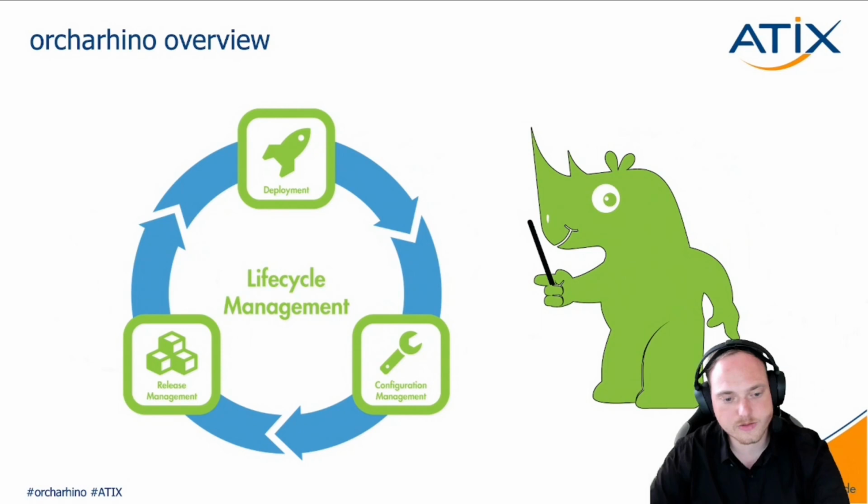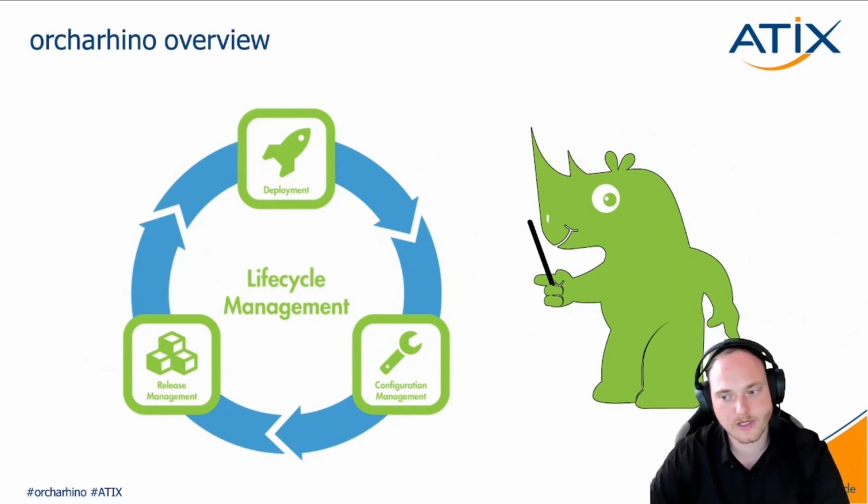And also the release and the patch management can be done by Orcharhino. We patch and release nearly all Linux systems. Windows is a special case. You can deploy Windows with the Orcharhino.